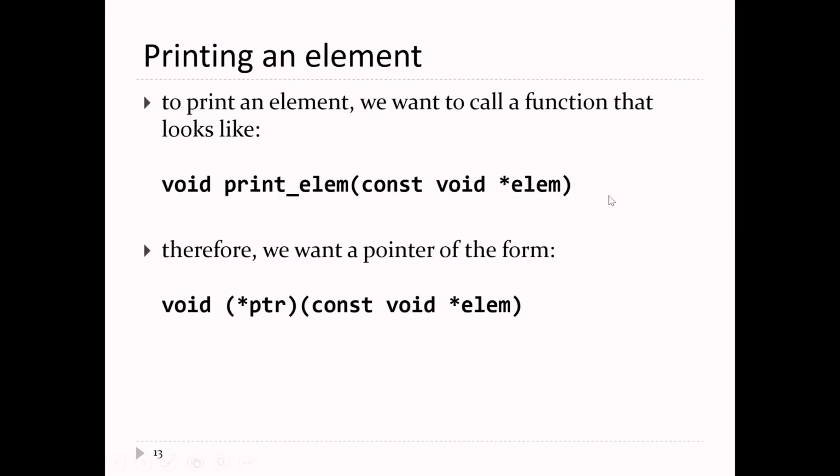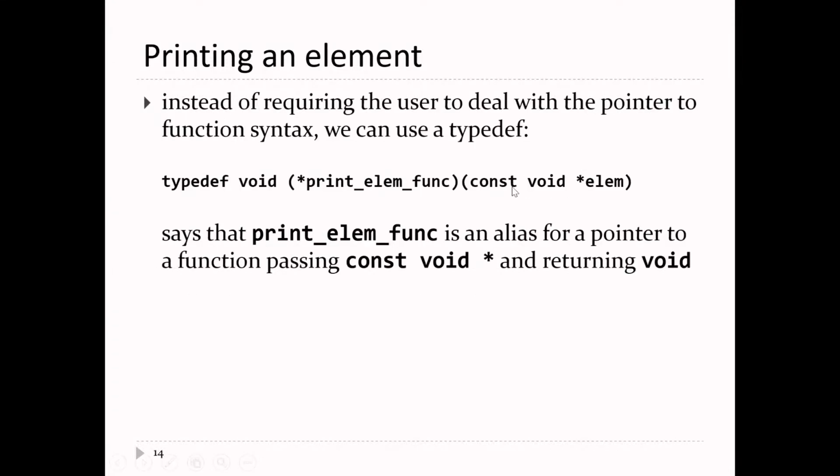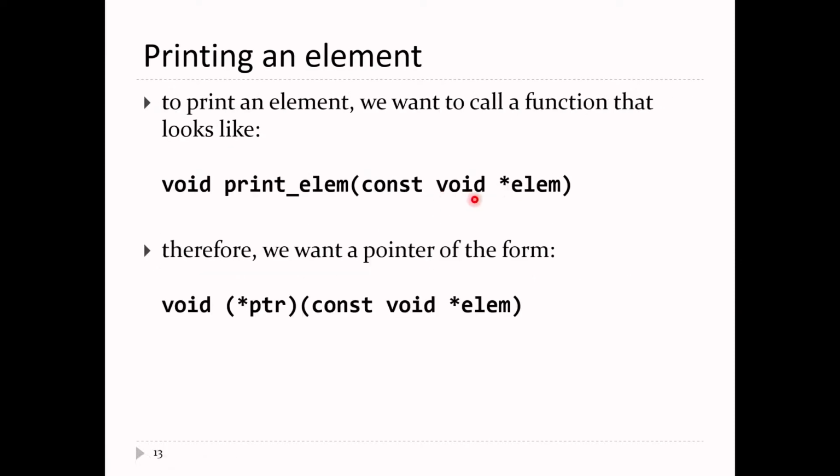Okay, so back to our stack implementation. If I want to print an element, we want our print function. If we want to print a stack, then I need to know how to print an element. So I'm going to ask the user to supply a pointer to a function that can print an element. Now remember what our element type is. Our element type is always pointer to void.